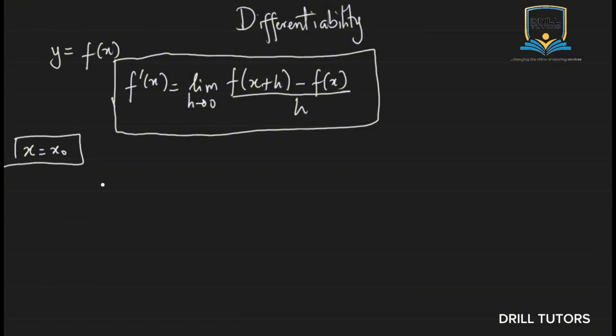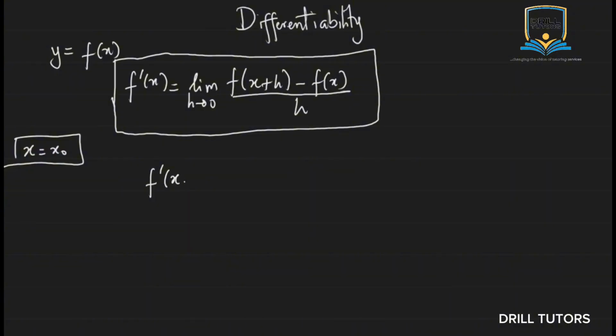Now, a function f is differentiable at point x naught if two things hold, which are the left-hand derivative and the right-hand derivative existing and both being equal. However, here's how you define differentiability at a point x naught.